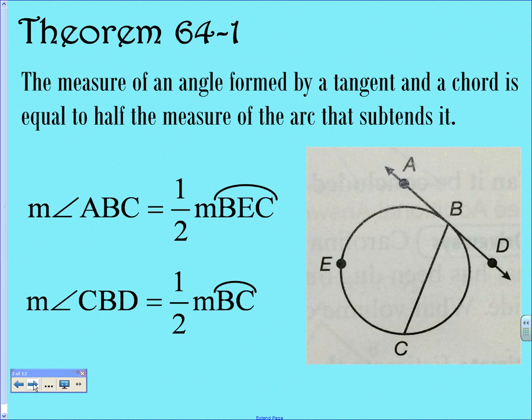So let's look at angle ABC. Do you see angle ABC? Okay, what arc is across from it? If we have this angle here, this arc is across from it.